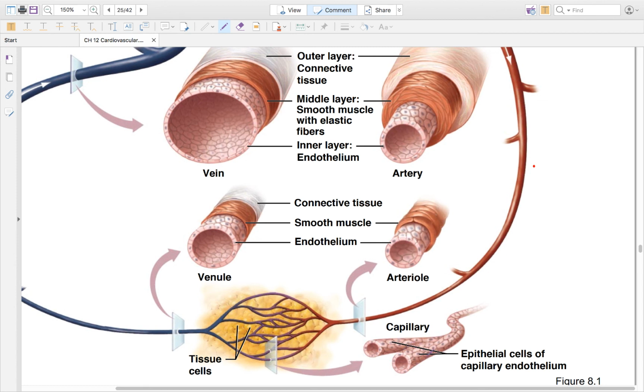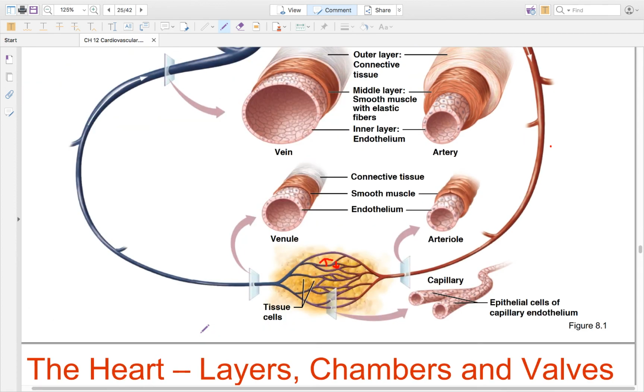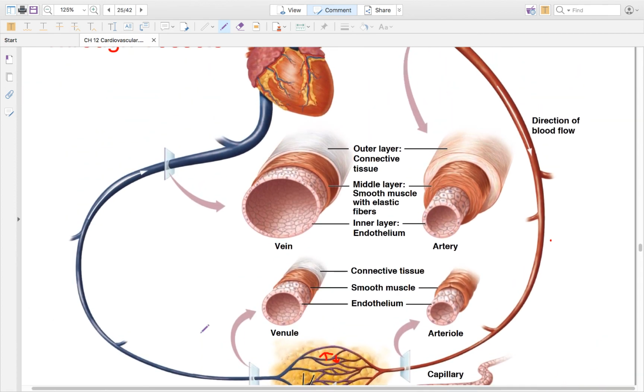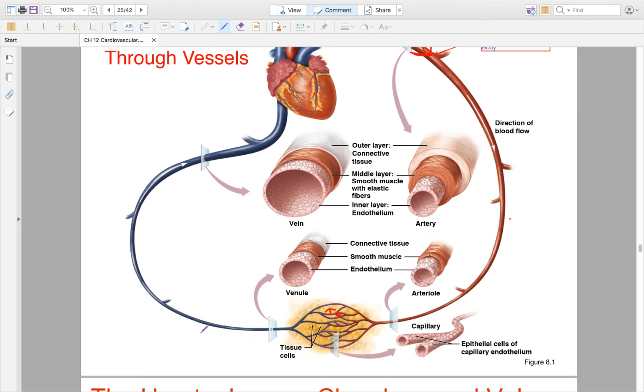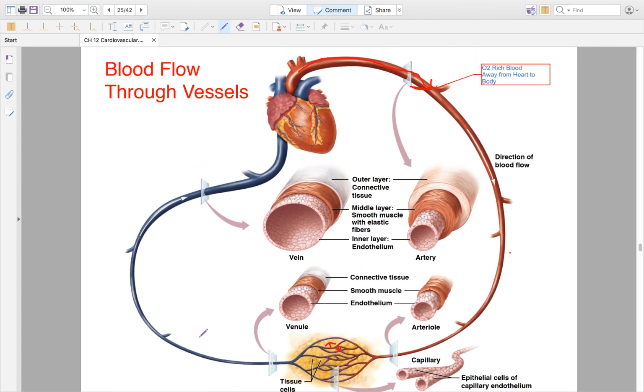So because capillaries are so thin, this allows them to exchange material very quickly and effectively, and it happens by diffusion. And then of course the capillaries eventually connect to the veins, and veins are carrying deoxygenated blood back to the heart.